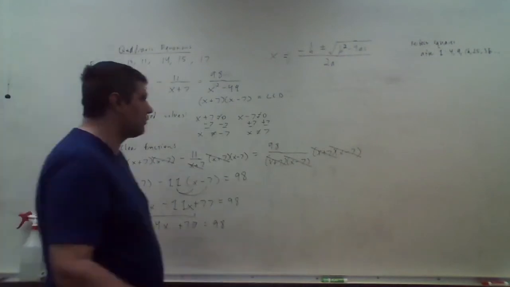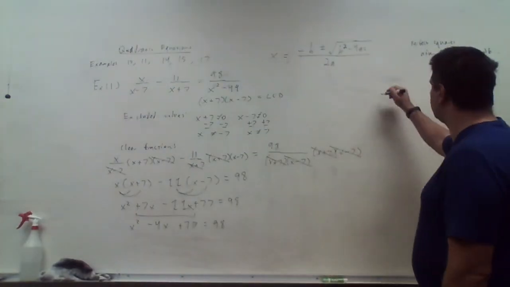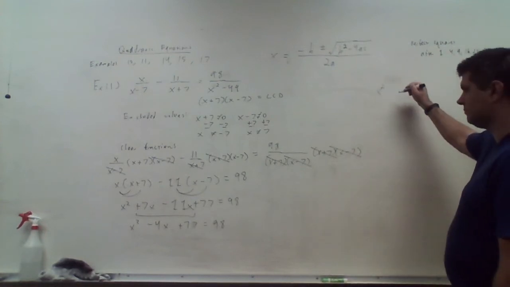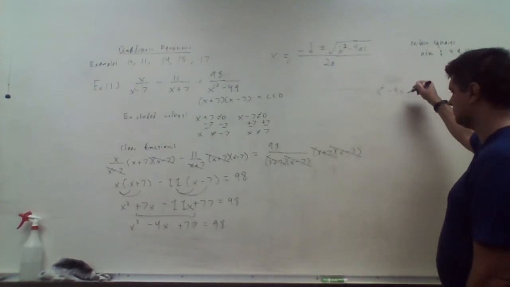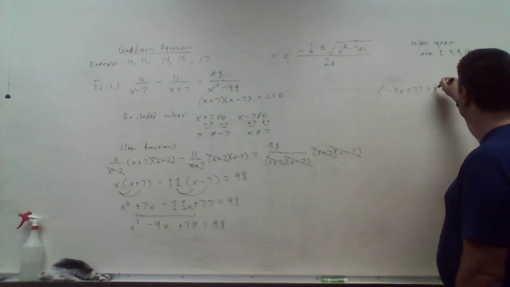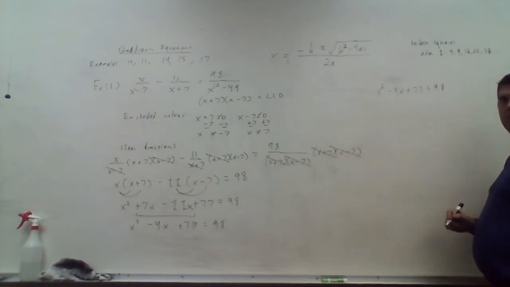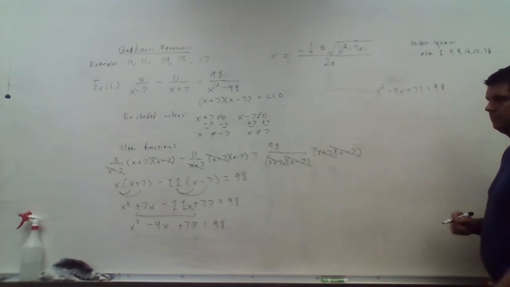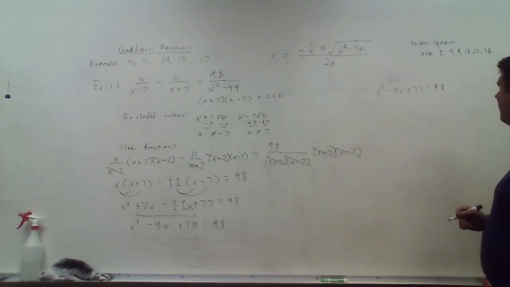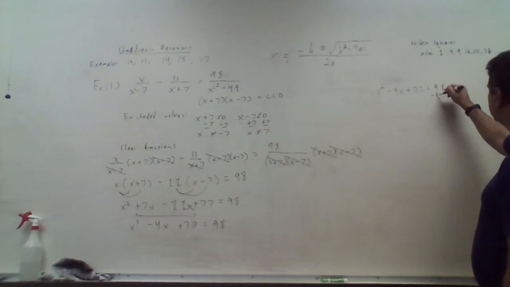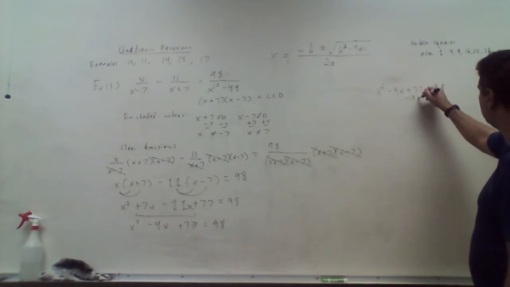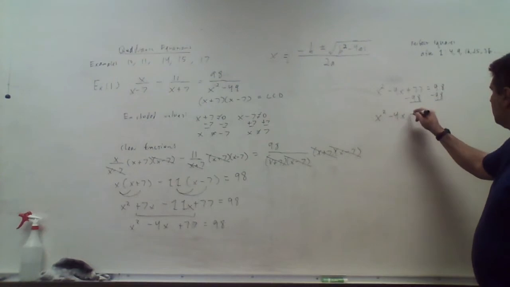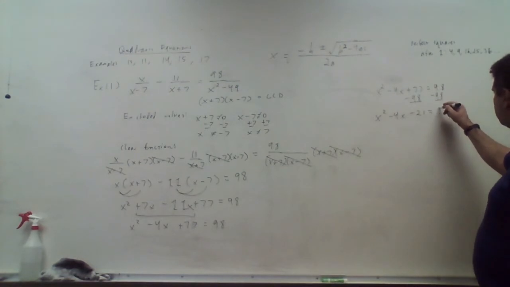So I'm going to copy this over here where there's less clutter, and I'll show you what's going to happen. So this is just all that recopied. And then we need one side to equal 0, so I will subtract the 98 over here. And I get x squared minus 4x minus 21 equals 0.